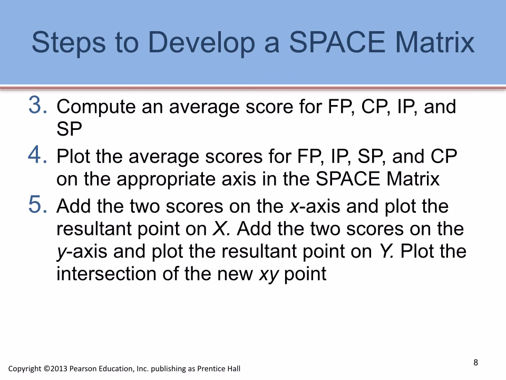And then the next step is to add the two scores on the x-axis and plot the resultant point on X. And then add the two scores on the y-axis and plot the resultant point on Y. And then plot the intersection of the new XY point.